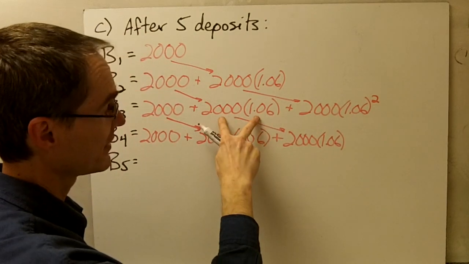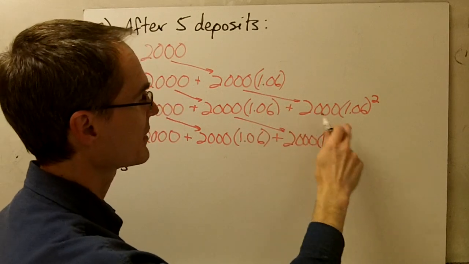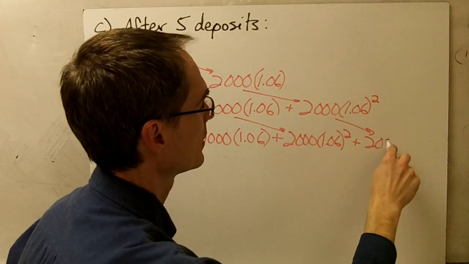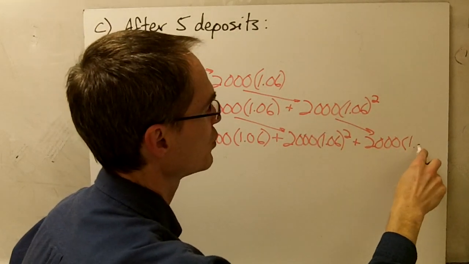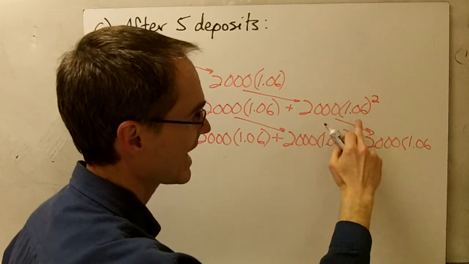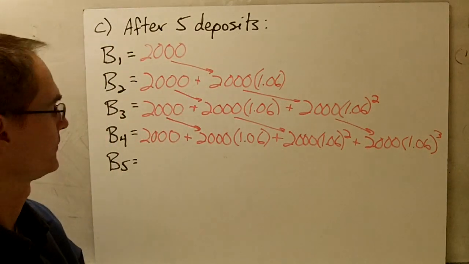And again, I'm going to multiply this times 1.06, so that's going to be to the second power. Then I've got this amount of money, which is also going to earn another 6% interest. So that's 2,000 times 1.06 squared times another 1.06. So that's going to be to the third power.